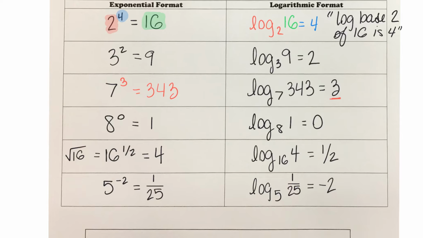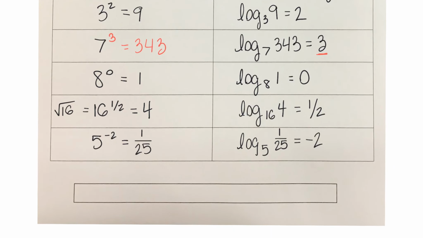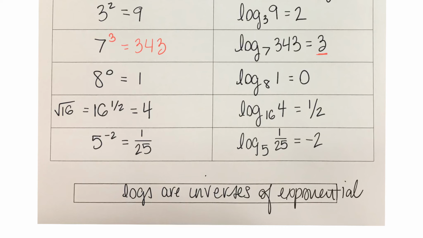And really, the reason we're doing this is because logs are inverses of exponentials. That's all that's happening, is that we're learning how to find a missing exponent. That's our whole goal, to find a missing exponent. Okay, try a few yourself.